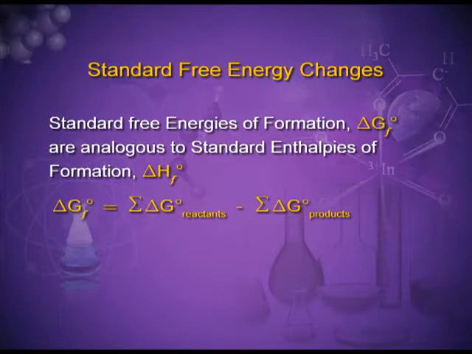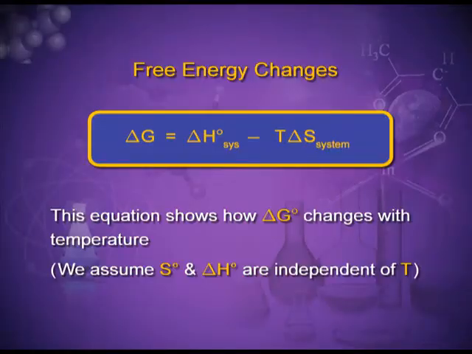We can also find delta G by knowing the values of delta H and delta S. We have to put the numerical values with their sign, the decrease or increase in the enthalpy or entropy. The equation delta G is equal to delta H minus T delta S shows that delta G changes with temperature.